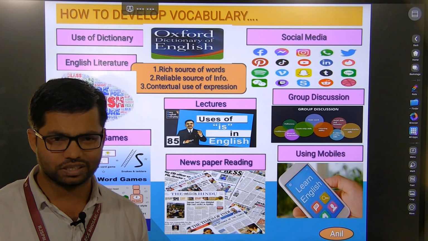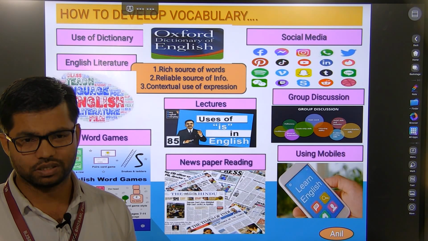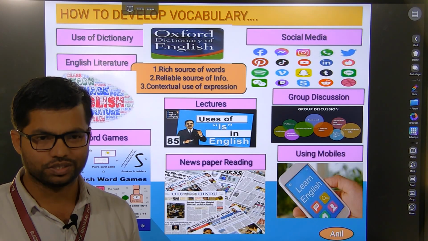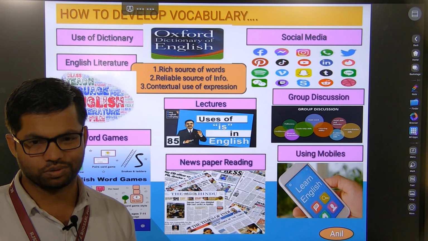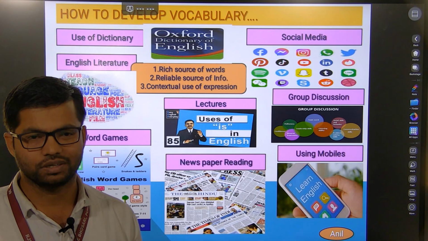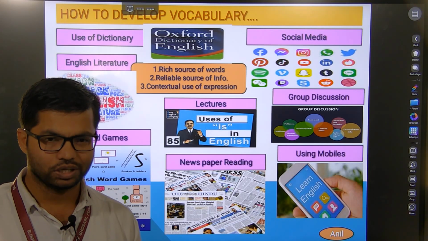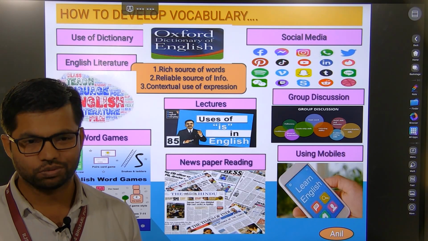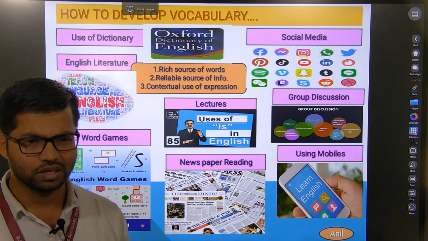One of the known and very famous ones is the Oxford English Dictionary, which provides you all things. Then nowadays with mobiles and electronic media, you could have dictionary software in your mobiles. Wherever you get a word which is unknown or not familiar to you, you could go directly to it, and you could find its meaning and its usage also.